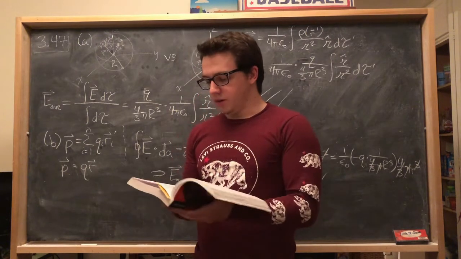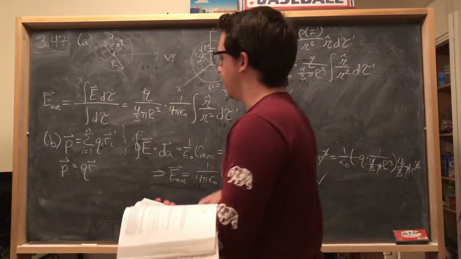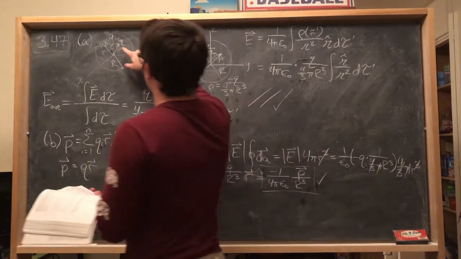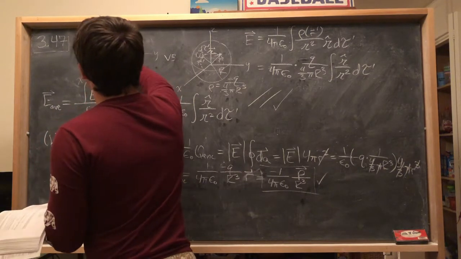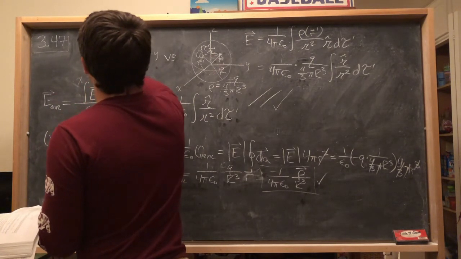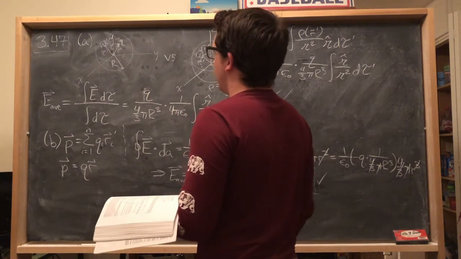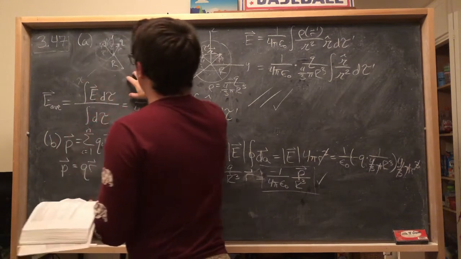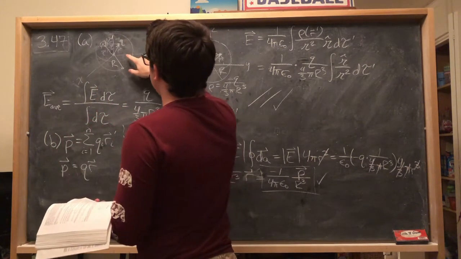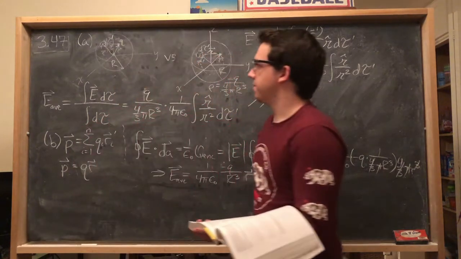If we wanted to find, let's say that rather than just having our point charge Q, we add a bunch of new point charges inside this sphere. Now, if we wanted to compute the average electric field over this sphere, what we could do is just compute the average electric field caused by each point charge and add them up.